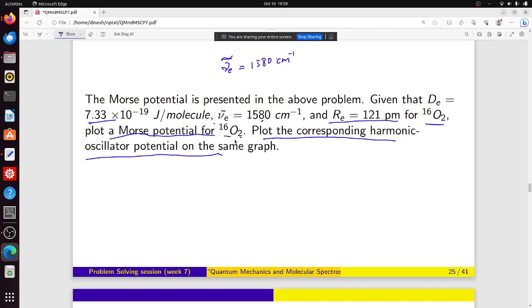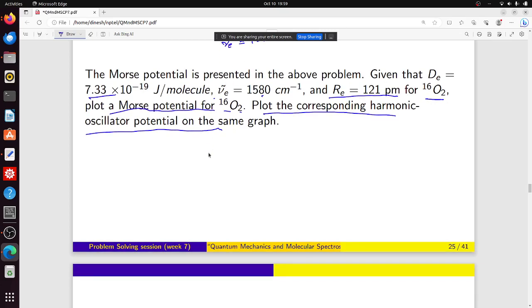Now, a few questions back we had a relation: nu E tilde equals 1 over 2 pi c times root over k over mu. So from this relation I can get the force constant, right? This will be nothing but 2 pi c nu E bar whole square times mu.